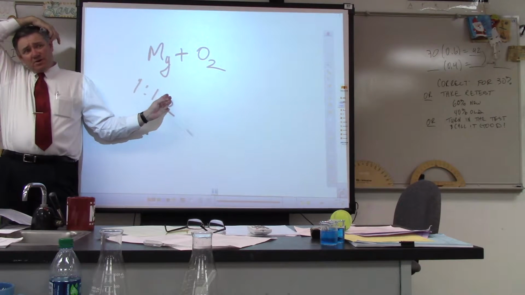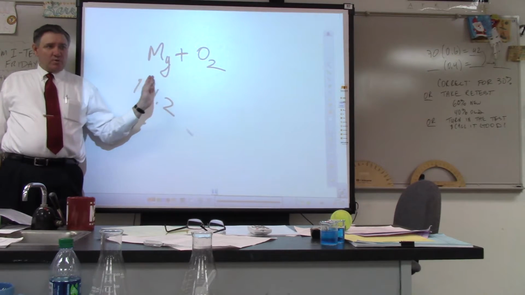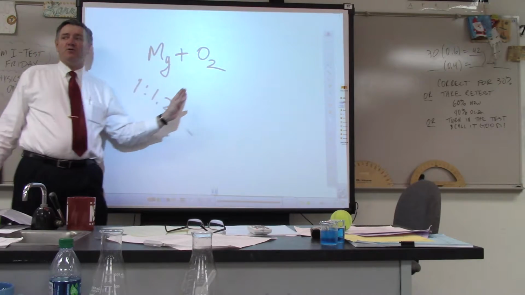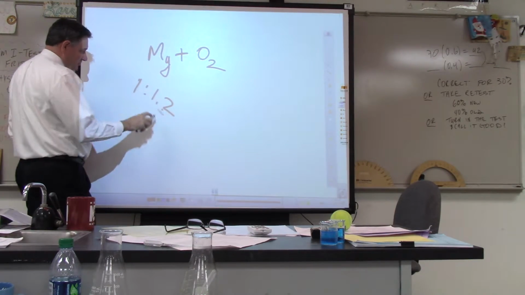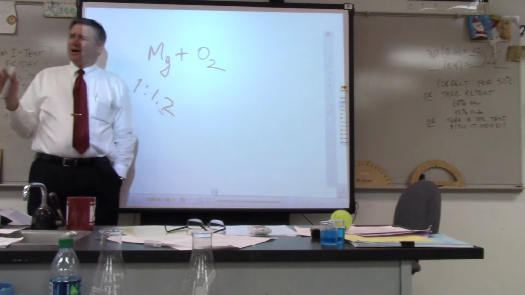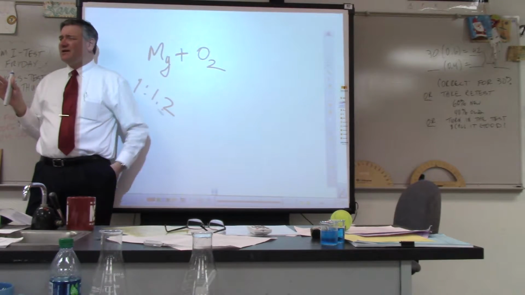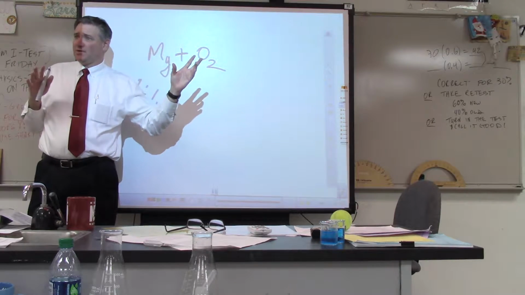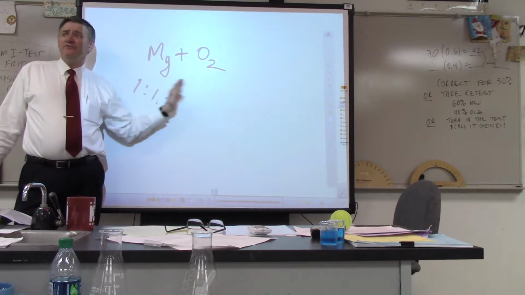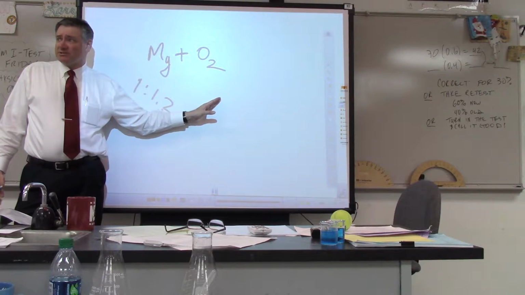If it's like 1.2, that's too far away on a mole ratio to say, oh, it's MgO. If it was 1.1, okay, yeah, we could round it. But a lot of you got like 1.2 or 1.25 or even 1.3 on that mole ratio. That's too far away to call it a 1-to-1 ratio.